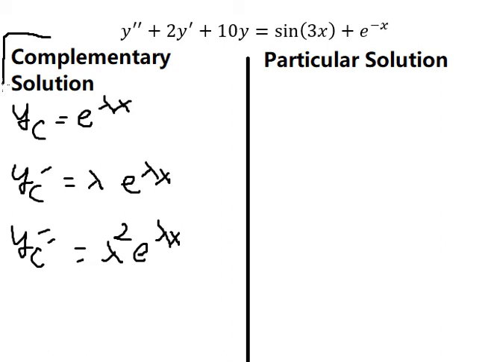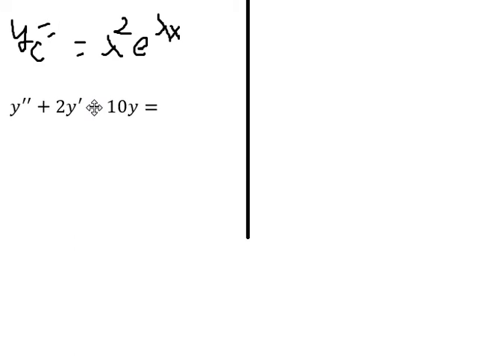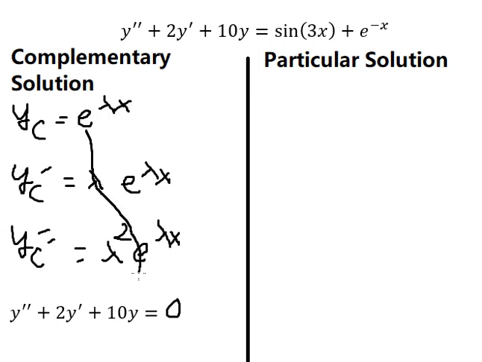Because this is about the complementary solution, I will put this one equals to number 0. So this one we put in here, this one we put in here, and this one I will put in here.